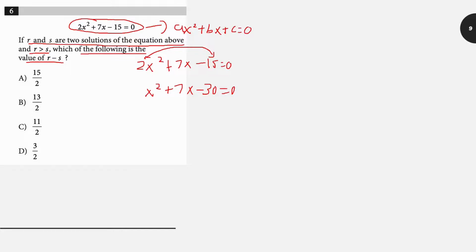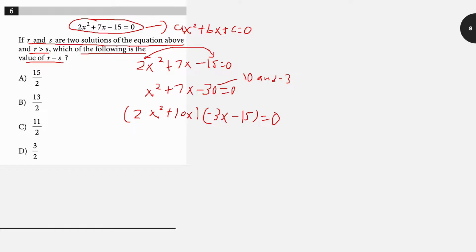So afterwards, you know that negative 30 can be written as 10 and negative 3, which you can write this equation as 2x squared plus 10x and negative 3x and negative 15 equals 0.